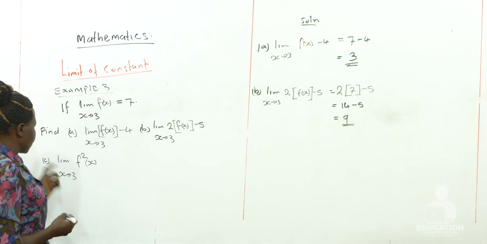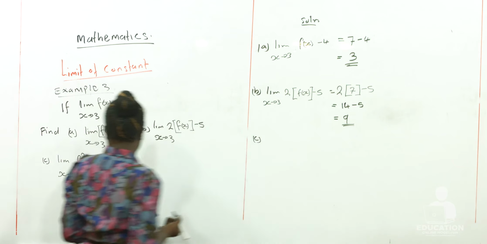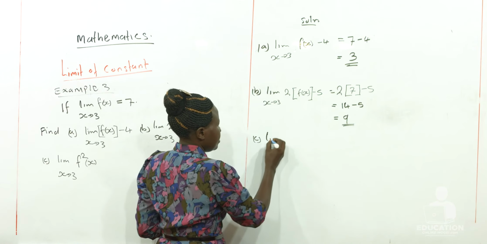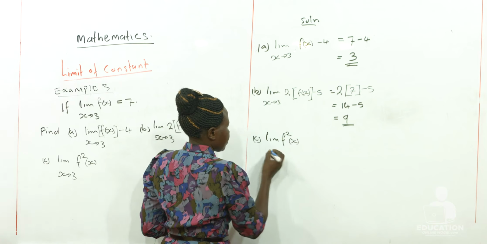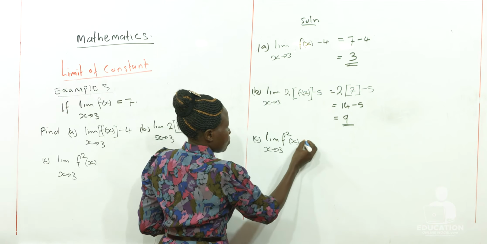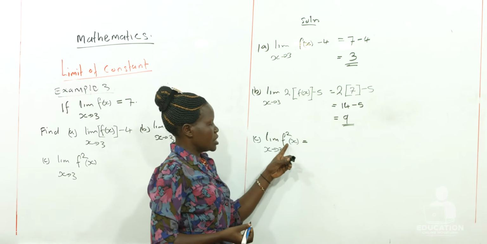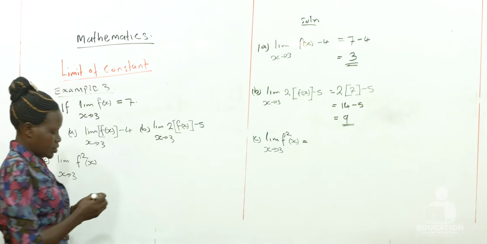And then when we come to part C, part C says the limit of f squared of x when x is approaching 3. So what does it mean? It means that you are going to square the value of the function given.